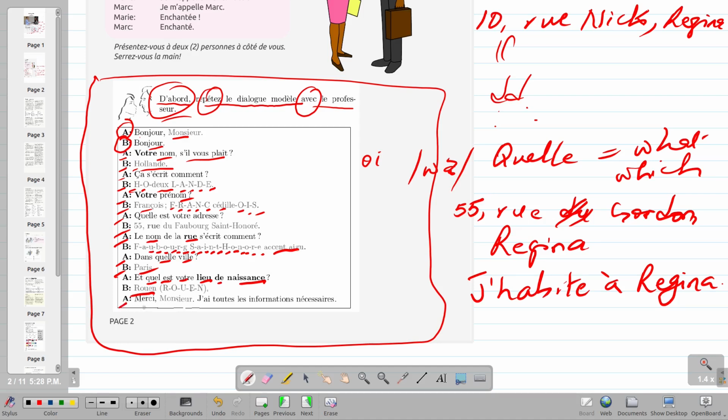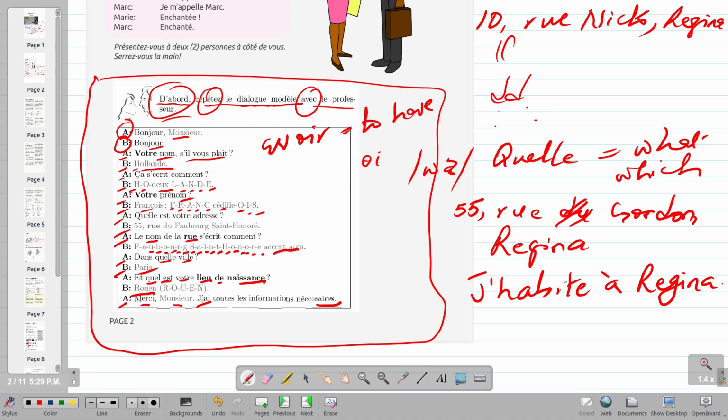And then A says, merci, monsieur. J'ai toutes les informations nécessaires. J'ai, I have. We are going to come across the verb avoir, which means to have. Here it's already conjugated, but we're going to come across that.